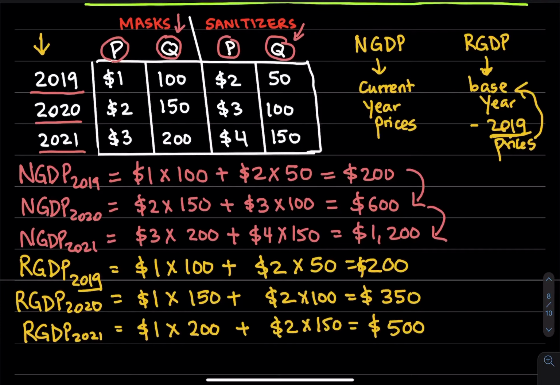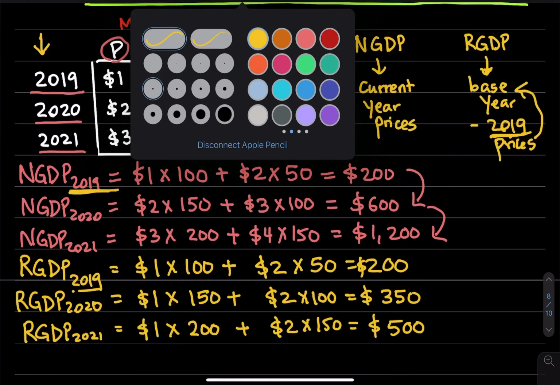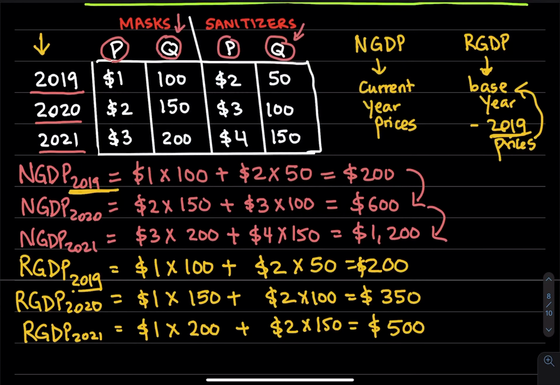Okay, and so we can see that there are a couple of things to note here. First, if you look at the base year, which is 2019, we look at this value right here. Let me mark this with a different color so it's obvious. If you look at these two values, $200, $200, this is exactly the same.